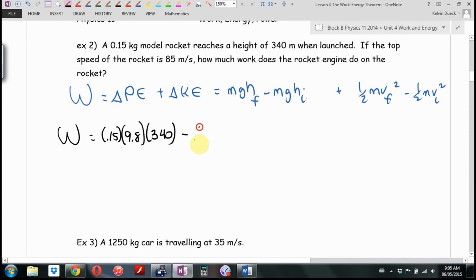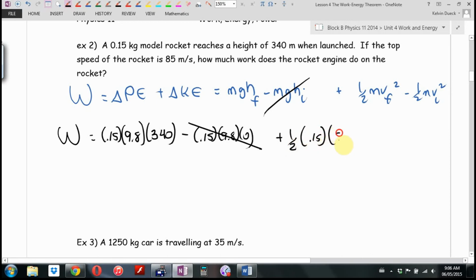M 0.15. Oh, wait a minute. What's my initial height? So I could have gone 9.8, 0, or I could have just gone like that. Plus a half M 0.15.